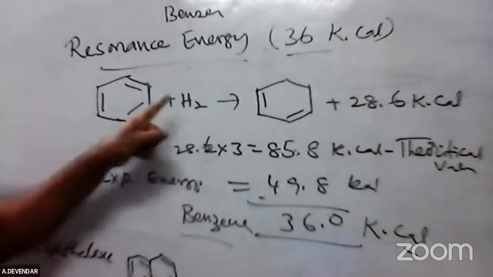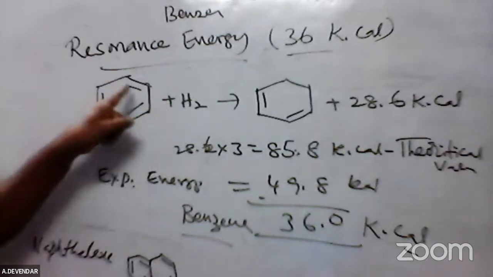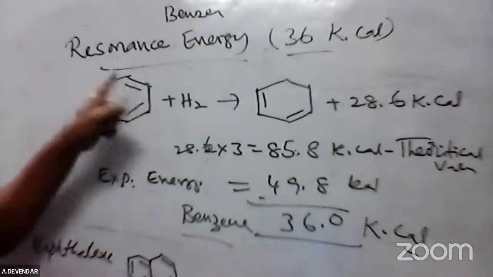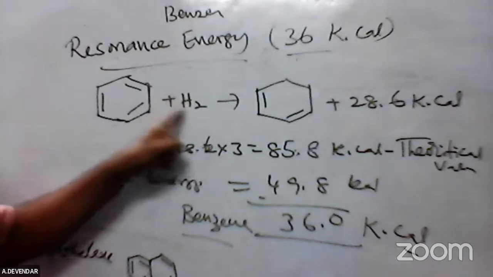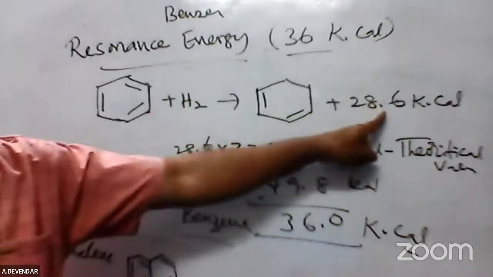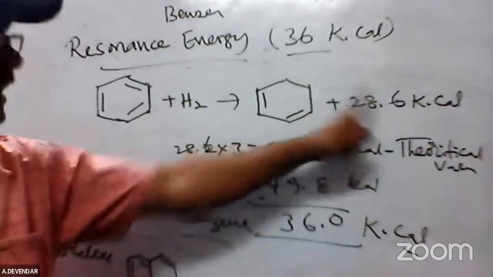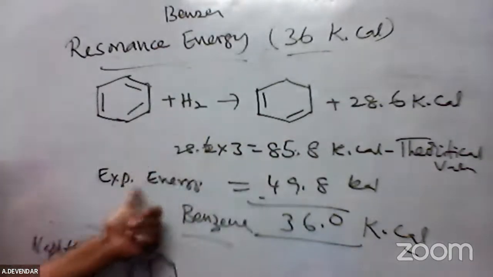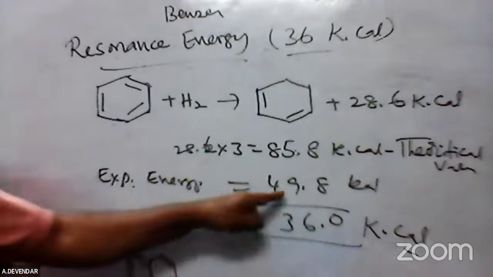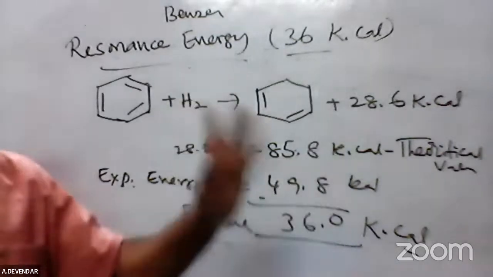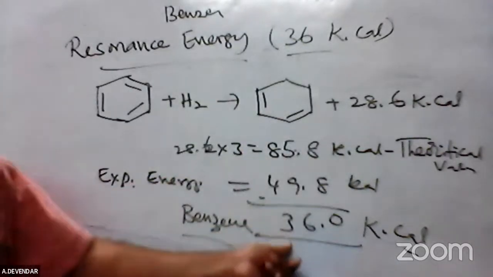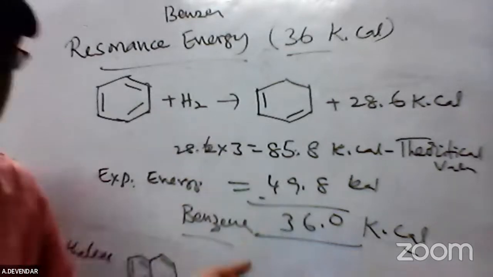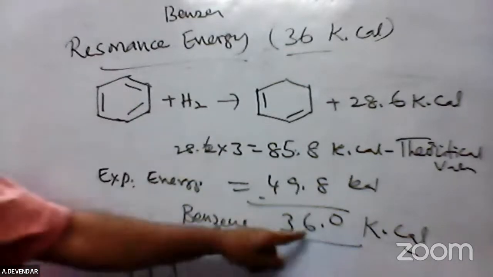How do we get it? By theoretical value, breaking one bond with the help of hydrogen requires 28.6 kilocalories of energy. For 3 bonds it is 85.8. But experimentally it is found to be 49.8 kilocalories. So the difference is called the resonance energy. Benzene resonance energy is 36.